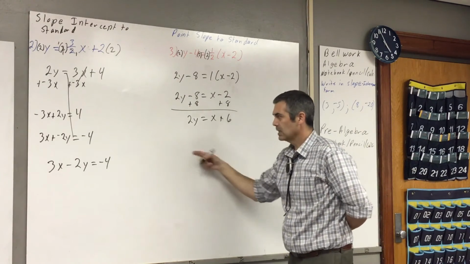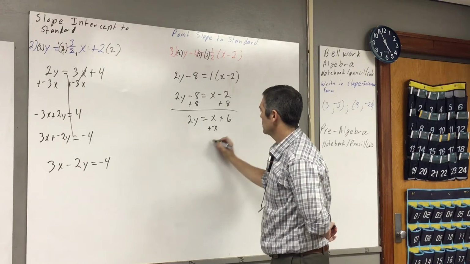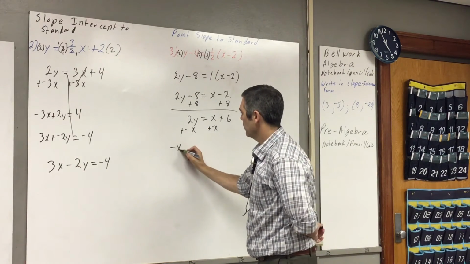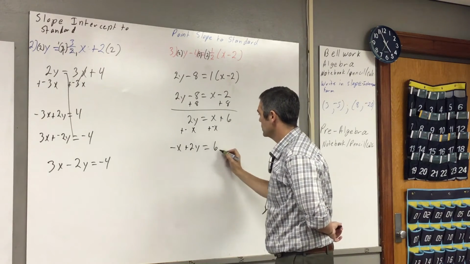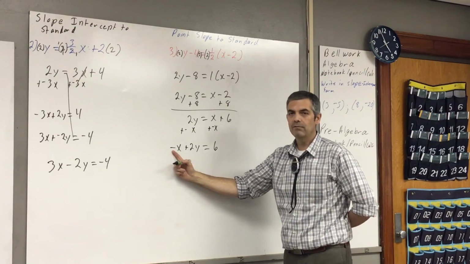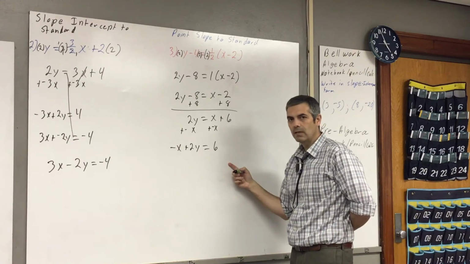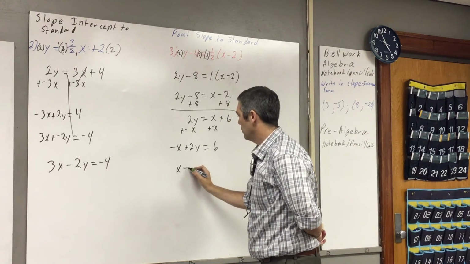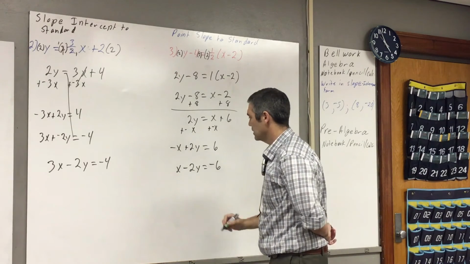Now I'm going to move my x to this side. Plus -x plus -x. That gets me -x plus 2y equals 6. That's a negative. I don't want that to be negative. I need that to be positive. So I'm going to come through here and I'm going to change all my signs. So x minus 2y equals -6.